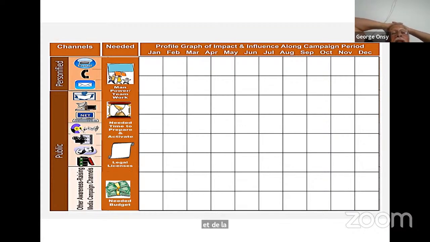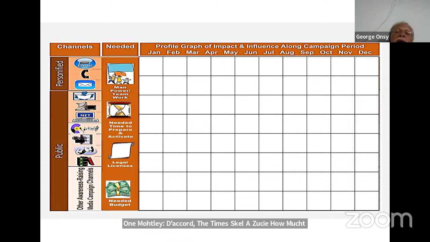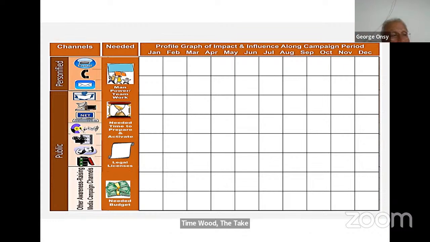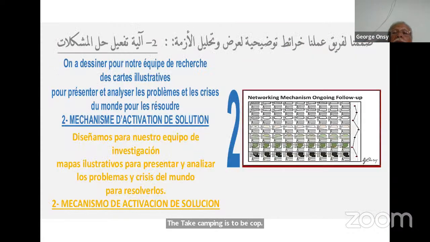And their needs in the next column: manpower and teamwork that we need for such campaigns, the needed time to prepare and activate the campaign, then the legal license we need in order to go on smoothly, then finally the needed budget, if any. Then the time scale, as you see, how much time would it take in order to achieve something real? In order, everything, this communication campaign is to back and support the goals, okay?